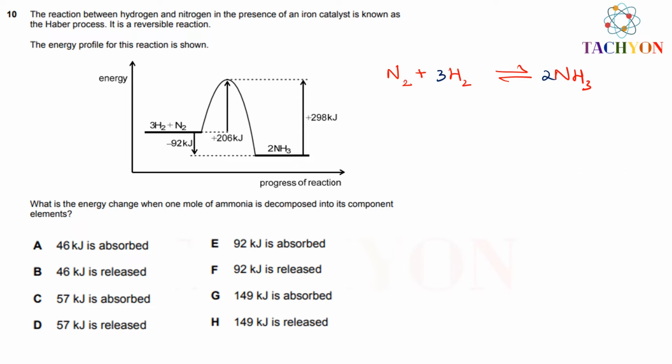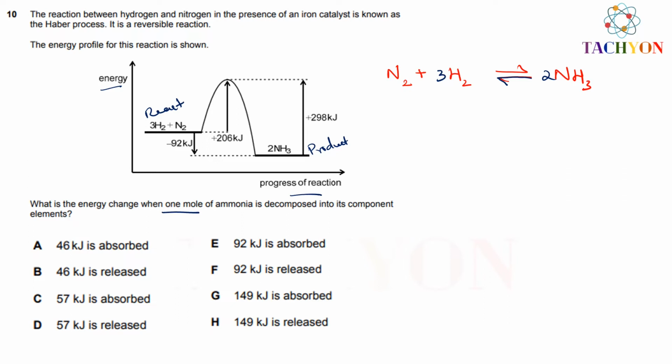If you're observing this diagram, it is between energy and progress of reaction. This is the reactant area and this is the product area. They're asking you what is the energy change when 1 mole of ammonia is decomposed into its component elements. So basically, understand they're asking you the reverse part of the question for 1 mole of ammonia, not 2 moles of ammonia.